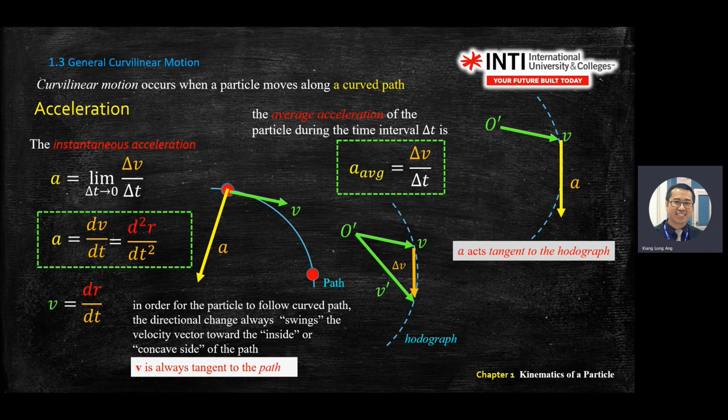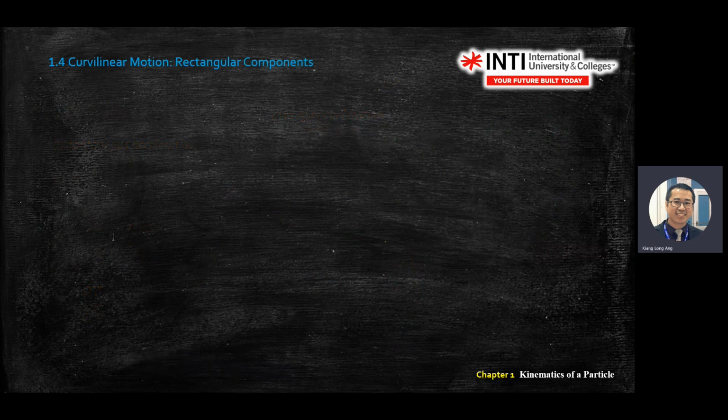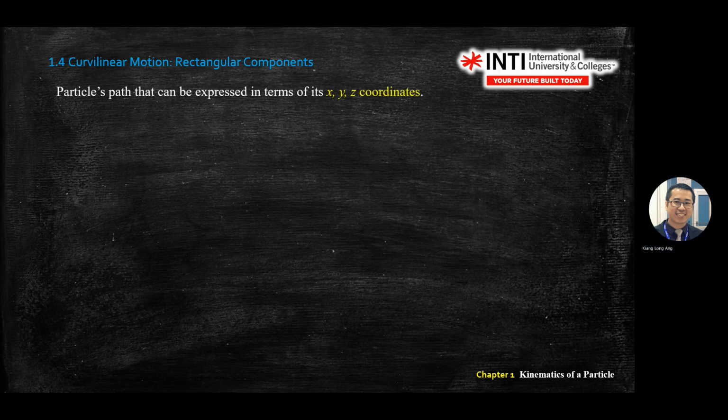So for curvilinear motion, a equals dv/dt. Also, when it's curvilinear, we no longer see s, but r, differentiated two times with respect to t. Okay, so we are just stepping a little bit on what you learned previously. An add-on.